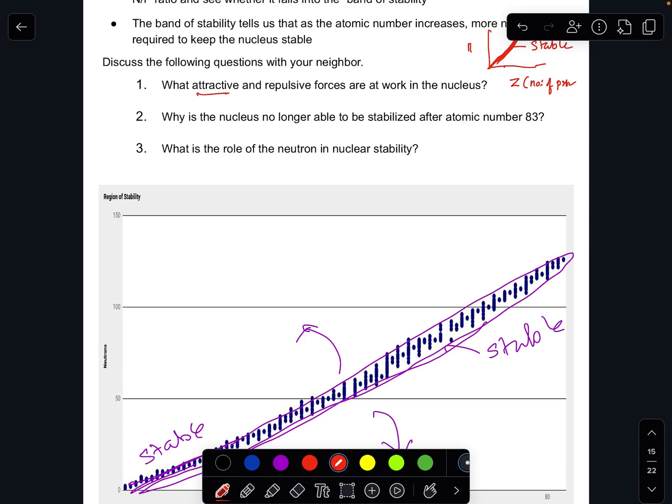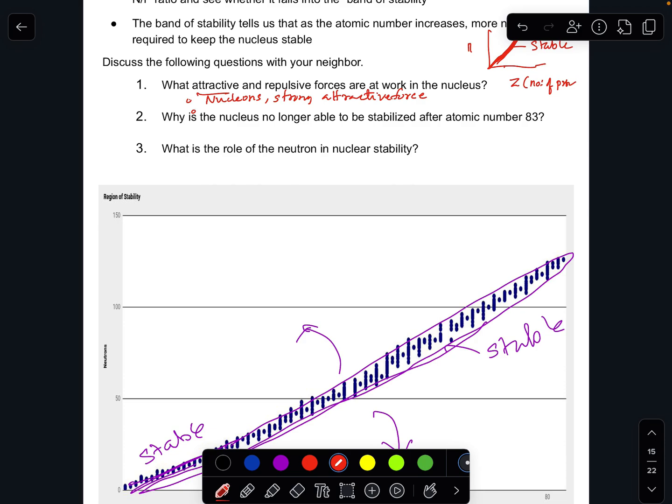So, attractive force in the nucleus, we said the nucleons will have the strong nuclear force. Nucleons means protons and neutrons will have a strong attractive force, which is the binding energy that holds the nucleus.